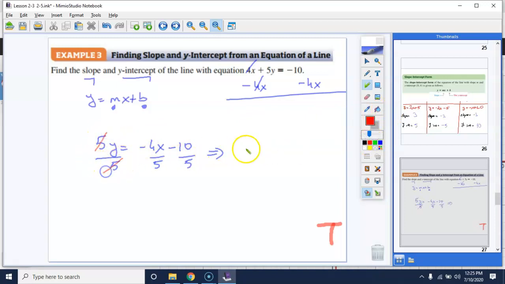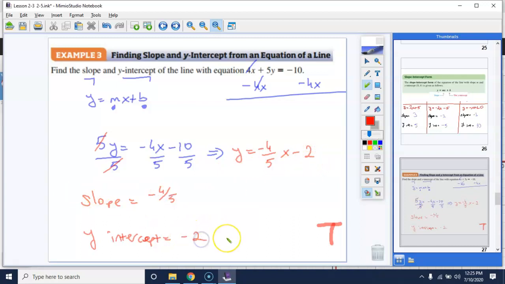These two cancel. y equals negative 4 over 5 x, and this part, if we divide, I get negative 2. So right now I can see clearly the slope and y-intercept. The slope is negative 4 over 5 and the y-intercept is negative 2. That's how we do it.